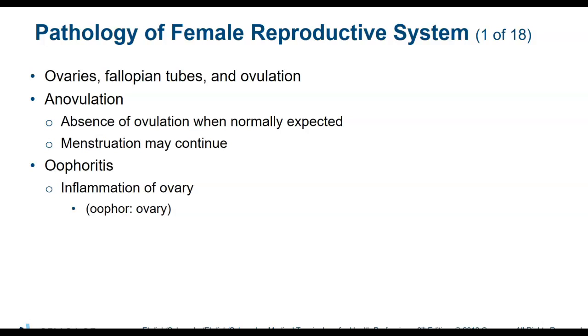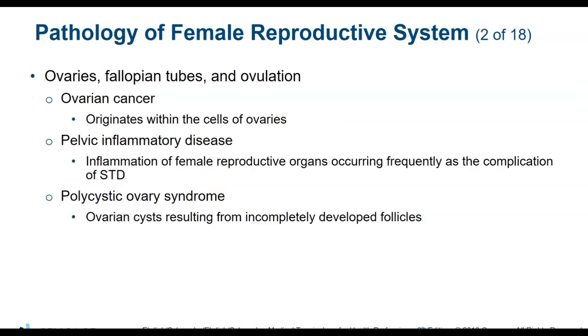Oophoritis is an inflammation of the ovary. Ovarian cancer is when the cancer originates in the cells of the ovaries. It's hard to find. Again, that's why we do testing to make sure everything's going okay.